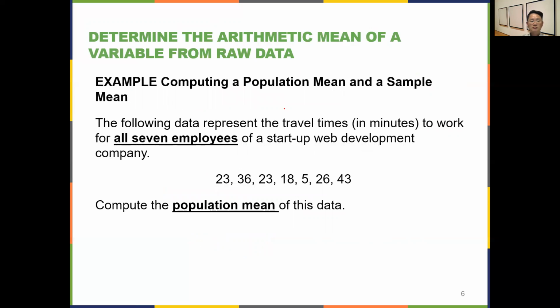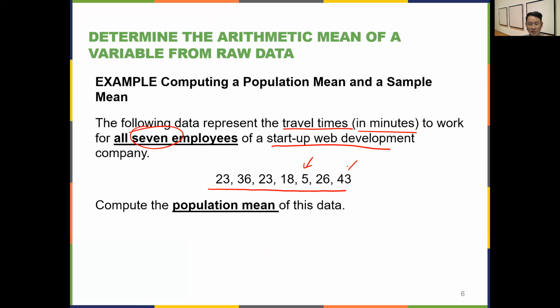So let's do this example. Let's say this startup company has 7 people working in that company, and this data refers to the travel time to get to work, right? So this lucky person right here takes only 5 minutes to get to work.